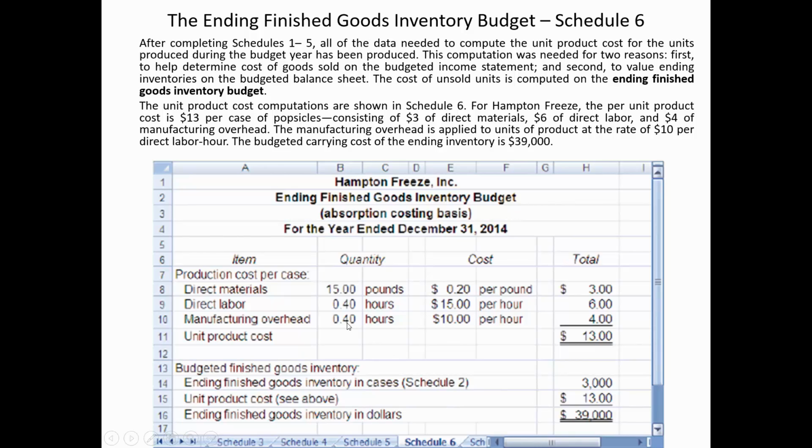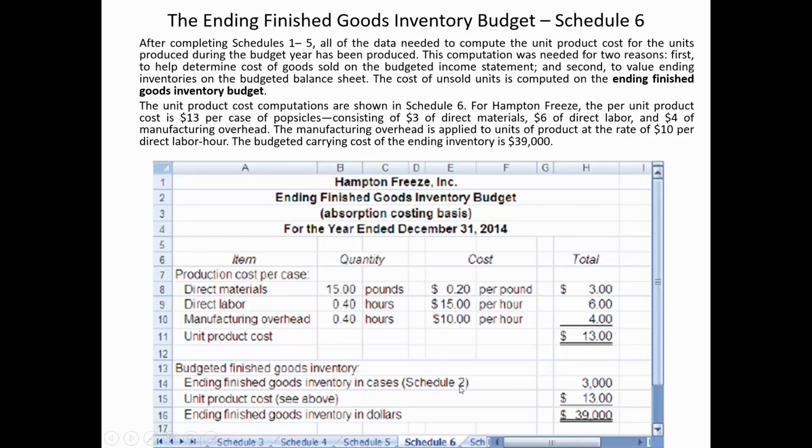That's 0.4 hours. We computed earlier on the prior schedule, Schedule 5, that it was $10 per hour. So the 0.4 times 10 means it's going to be $4 of manufacturing overhead associated with each case. So for each case of popsicles we produce, we expect our direct materials, direct labor, and manufacturing overhead to be all added up together $13.